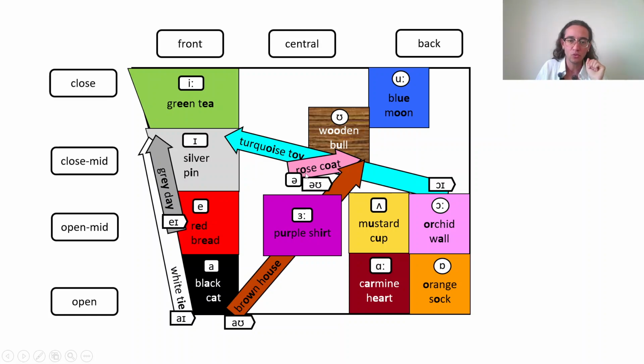So first we have rose coat, beginning with the schwa, and ending in U. O, O, O. And this is like the letter O, rose coat. The mistake that French speakers will often make here is using the French ou instead. They'll say rose coat, but that is going to lead you into trouble if you use ou for this diphthong and for this long monophthong.